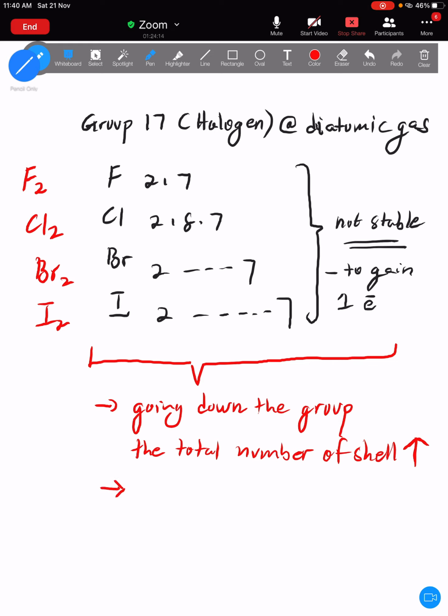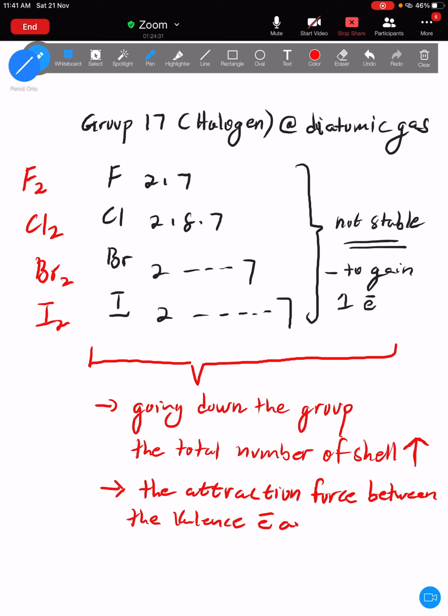Therefore, the attraction force between the valence electron and nucleus decreases. So what? Guys, you must keep in mind this is the other way around from group 1.